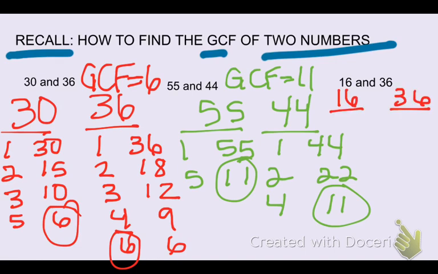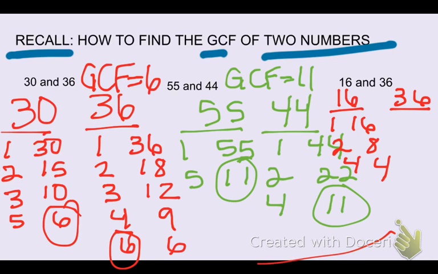All right, so let's talk about the factors of 16. 1 multiplied by 16. 2 multiplied by 8, I'm writing over these other numbers, and 4 multiplied by 4. The factors of 36.